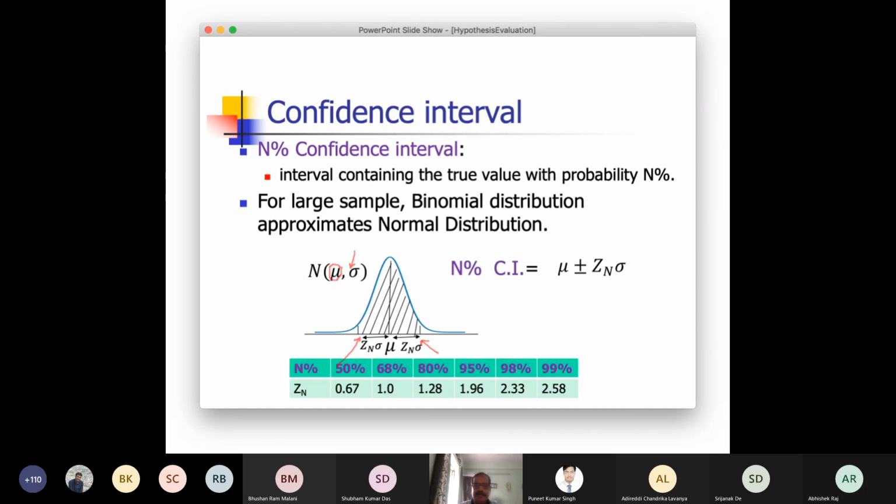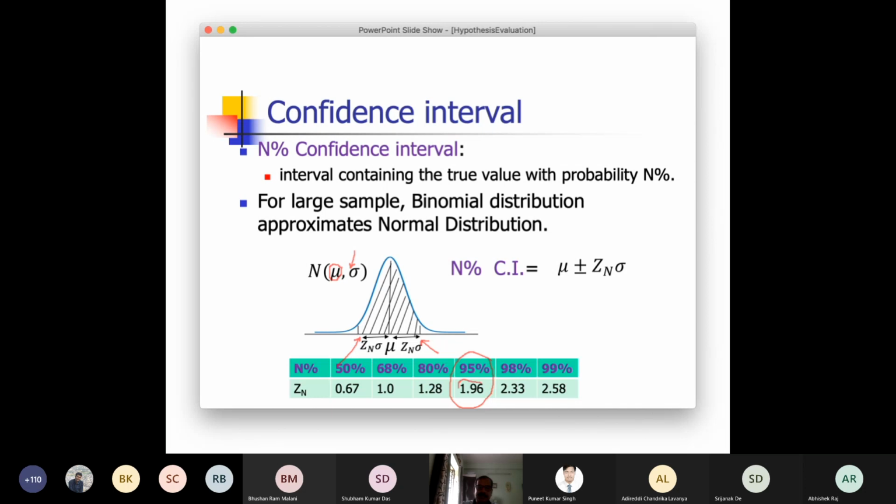So you see that depending upon your confidence interval, if it is a 50% confidence interval, the value of Zn is 0.67. Naturally you are narrowing down your interval, but then the probability of your estimate being within that interval would be less, only 0.5. But when you are expanding your interval, you see a particular value which we used earlier for the 95% confidence interval.